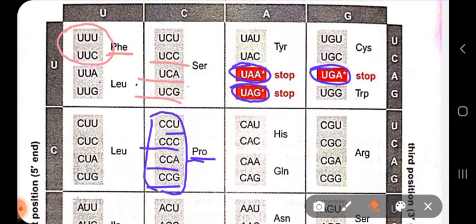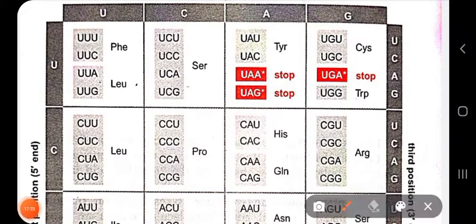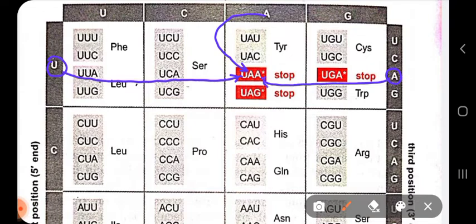Now you can see how UAA gets its name. The first letter is U, the second letter is A and the third letter is A. In this way we get UAA. It is a stop codon.